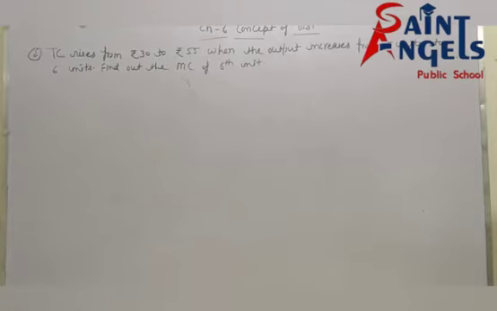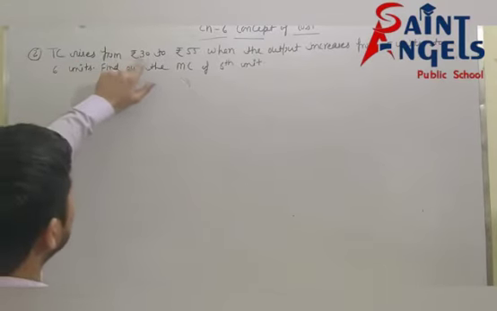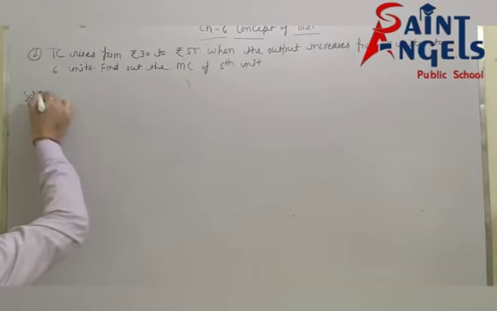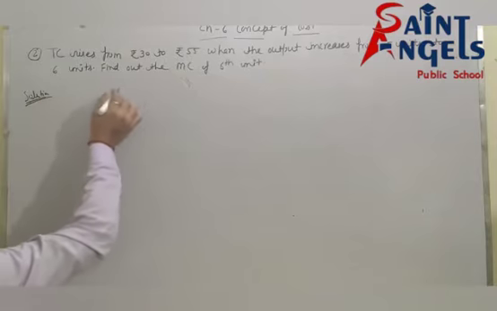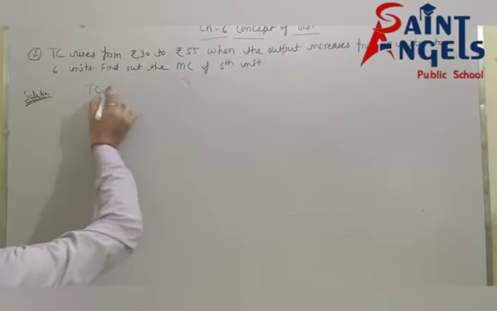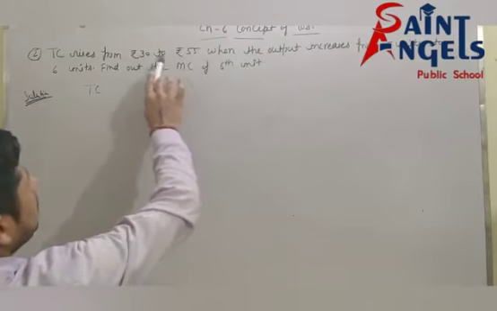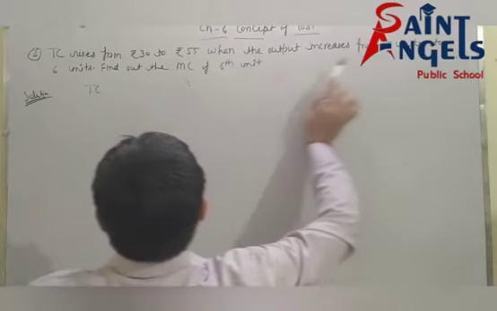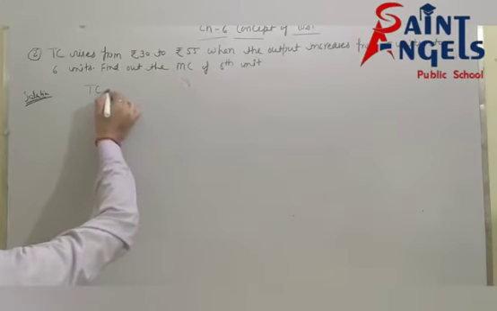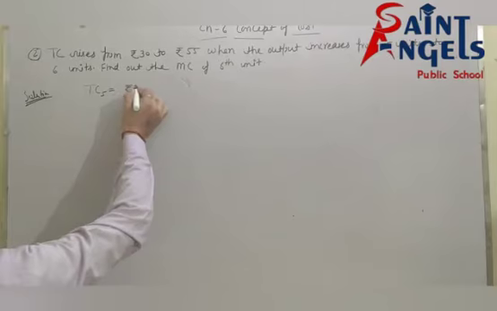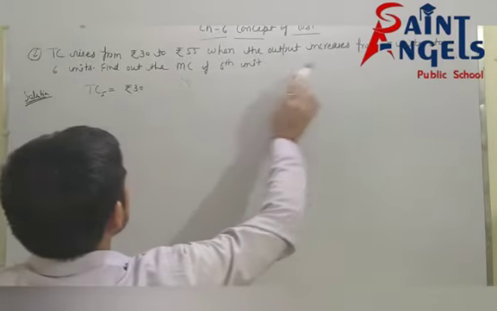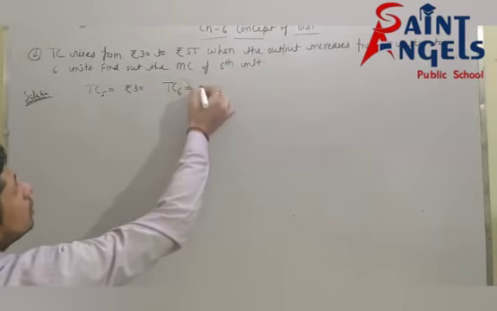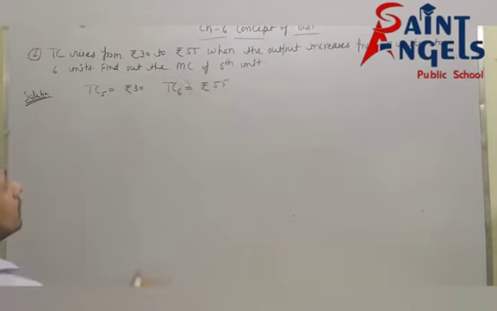See the next question. TC rises from rupee 30 to rupee 55 when the output increases from 5 units to 6 units. It means TC5 is equal to rupee 30 and TC6 is equal to rupee 55.